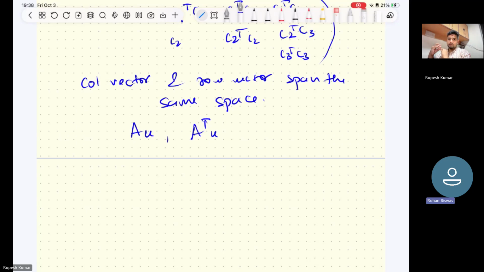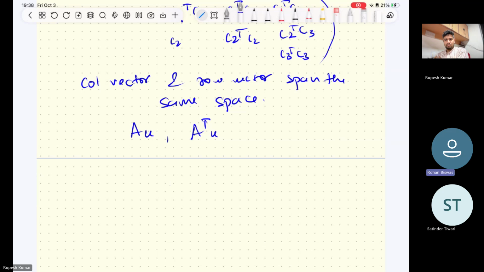If I multiply with A, that is AU, and with another matrix B, say BU, and both matrices do the same job, then both are projection matrices doing the orthogonal projection, so AU and BU will be the same. So I was trying to say that if A is not equal to A transpose, then AU and A transpose U would not be the same, and that's why they won't be projection matrices.